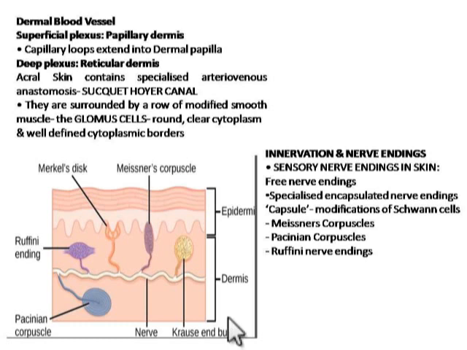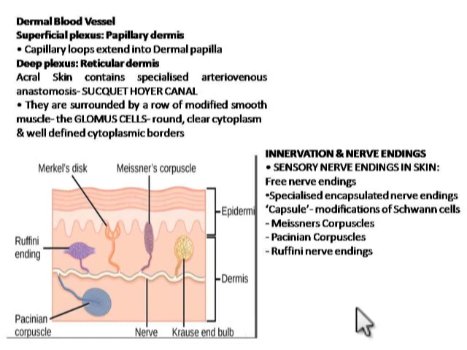Here in dermis part, the superficial plexus provides blood supply to the papillary dermis, and the deep plexus provides blood supply to the reticular dermis portion.